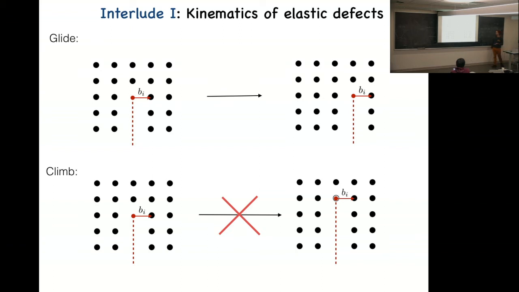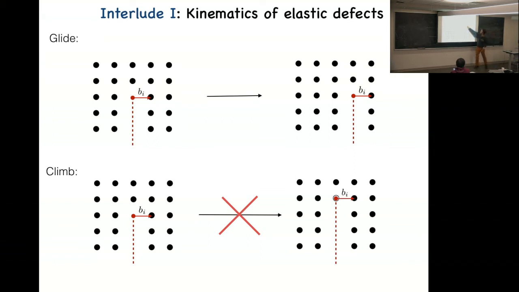So if the lattice sites are not allowed to disappear or appear for no apparent reason, then this motion is prohibited. A dislocation cannot climb. In real materials and real crystals, what happens is that you are at finite temperature, and sometimes, because of thermal fluctuation, an atom can just break out of where it sits and flow through the sample, and because of this, a dislocation can climb, but the probability is exponentially small.